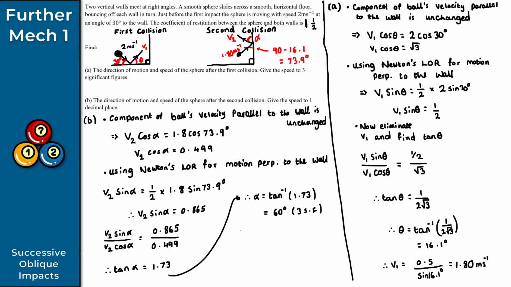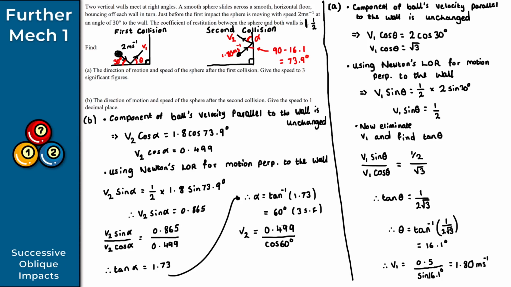For v2, all we need to do is use either this equation or this equation. It doesn't matter; either will give you the correct answer as long as you do the preliminary working correctly. So v2 is equal to 0.499 divided by cos of this angle, 0.499 all over cos of 60 degrees.